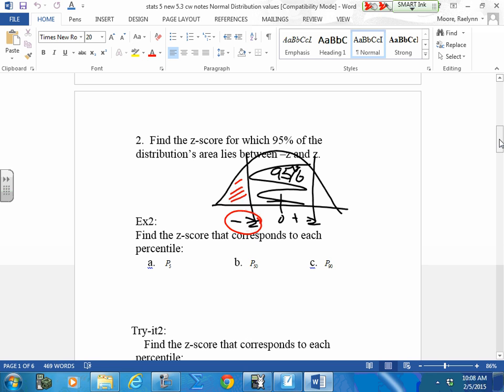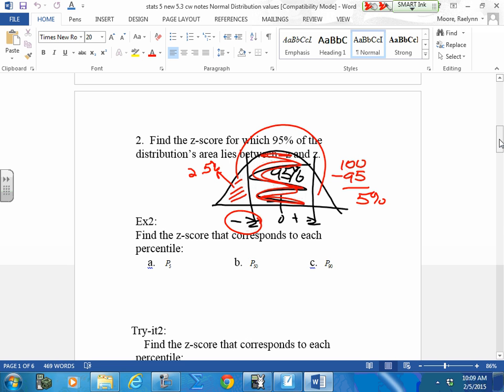Think about it. What's the area altogether? 100. If this is 95%, what's the area in this piece right here? 2.5. How did you get 2.5? It's symmetrical to the other side, to be another 2.5. Because if this adds up to 100, these two pieces have to add up to 5%.